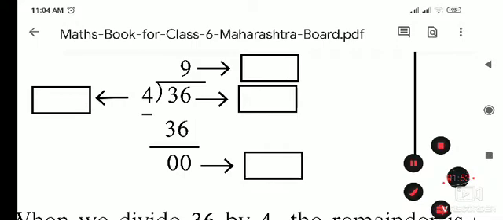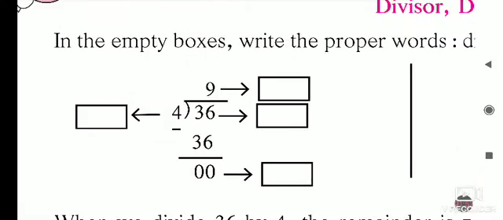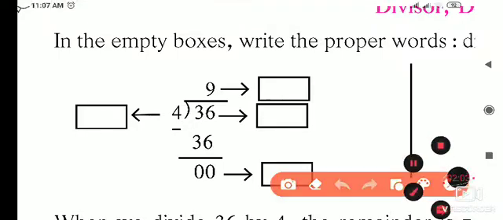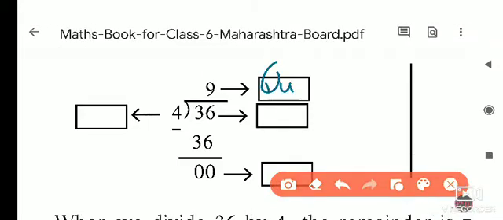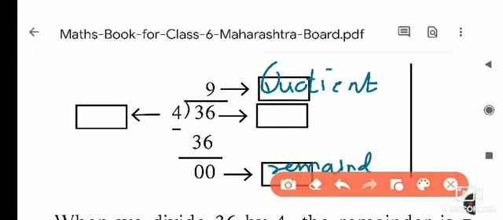So in this division, 9 is the quotient, and 0 is the remainder.